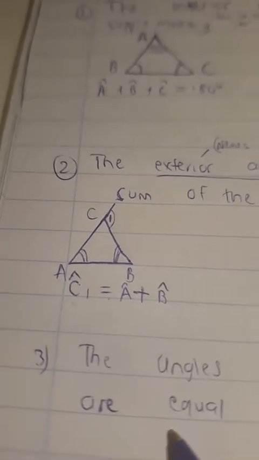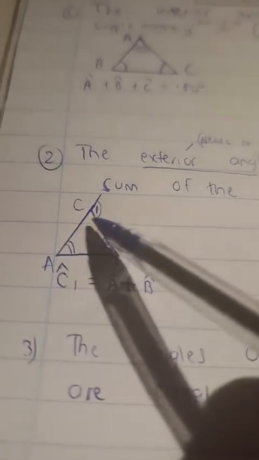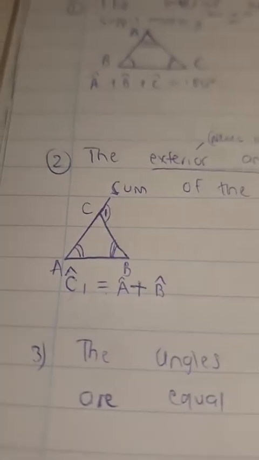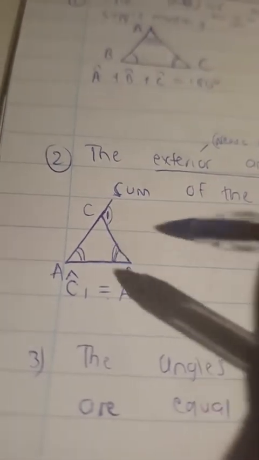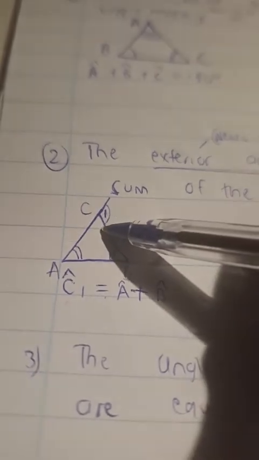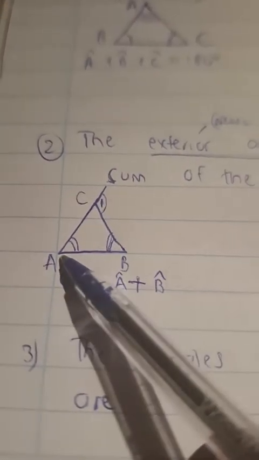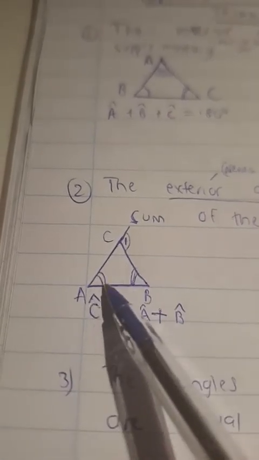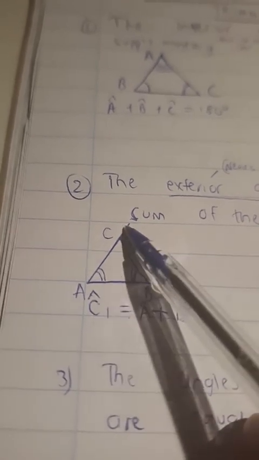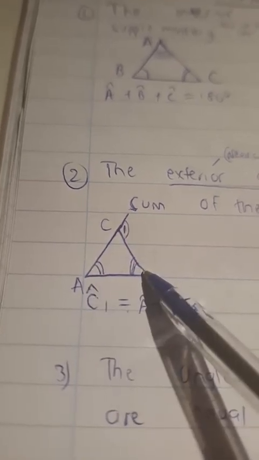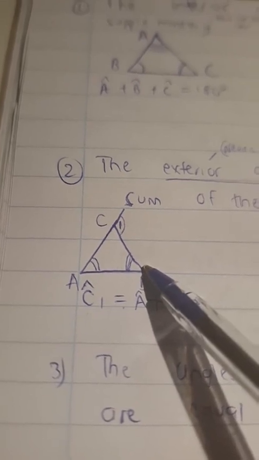Now someone else might ask, sir, can't we say angle C1 is equal to angle A plus this angle? And the answer is no. Someone else might ask, so can't we say angle C1 is equal to angle B and angle C? And the answer is no. So the only interior angles that they are talking about for this diagram are angle A and angle B. The exterior angle, as it says, is equal to the sum of the interior opposite angles.